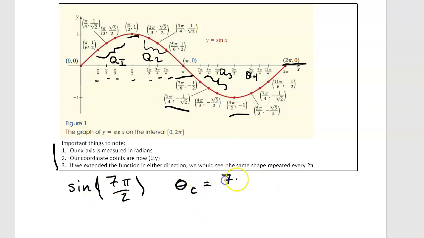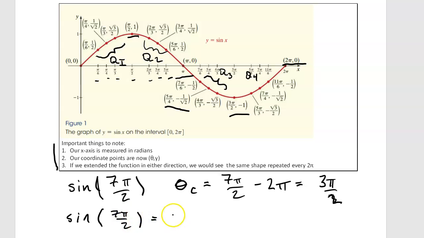And in the case of 7 pi over 2, we would have subtracted 2 pi from that, which would be the same as subtracting 4 pi over 2, which would wind up giving us 3 pi over 2. And so we could evaluate sine at 3 pi over 2, and this would be the same thing as evaluating sine at 7 pi over 2. So remember that sine of 7 pi over 2 is equal to sine of 3 pi over 2, which is equal to -1.